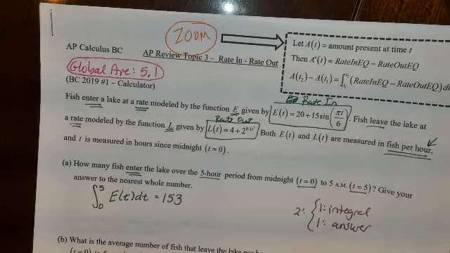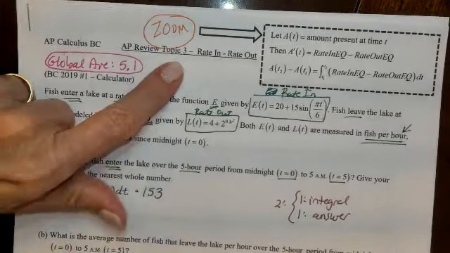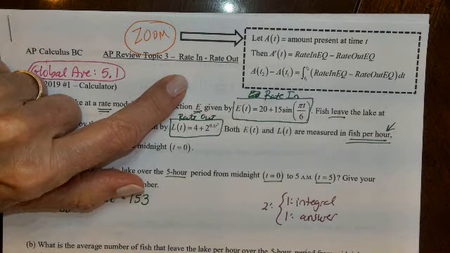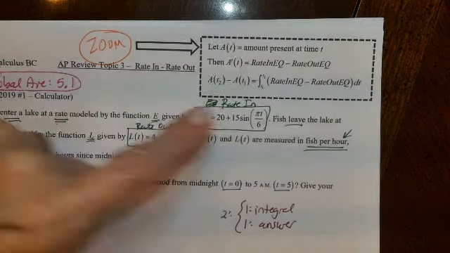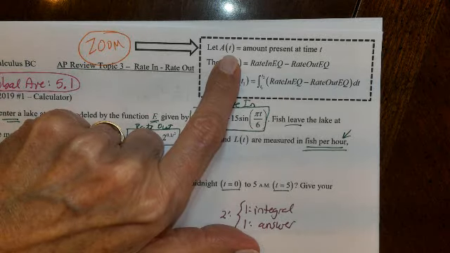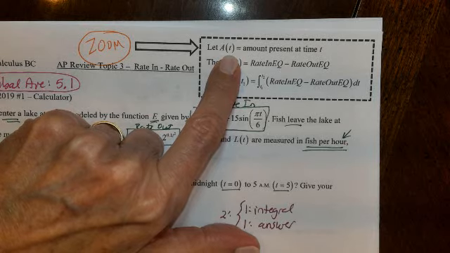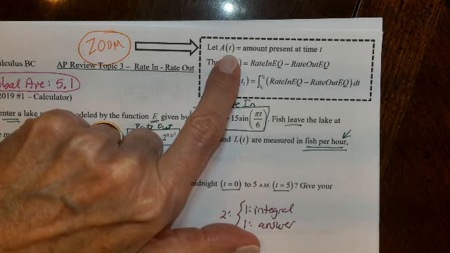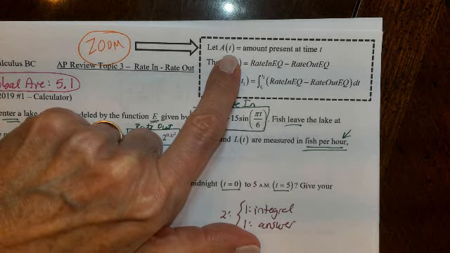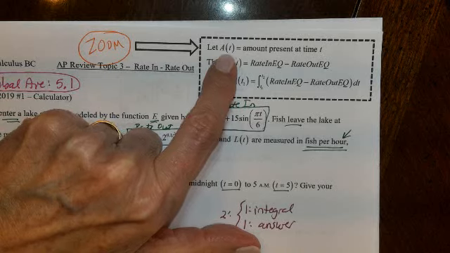Okay, so we are still doing topic 3, which is rate in minus rate out. And again, we let A be the amount present. Maybe it's the number of cars in the tunnel, maybe it's the amount of water in a pipe, whatever it is, it's the amount.